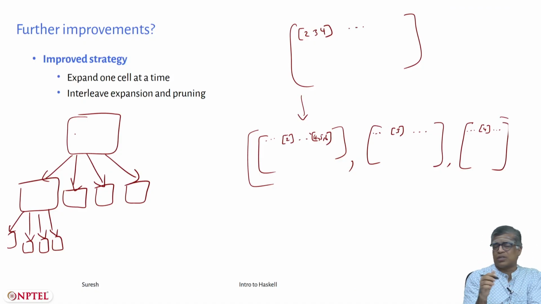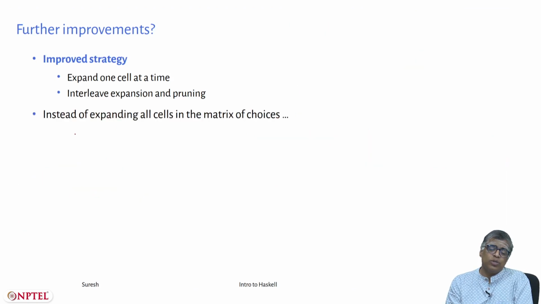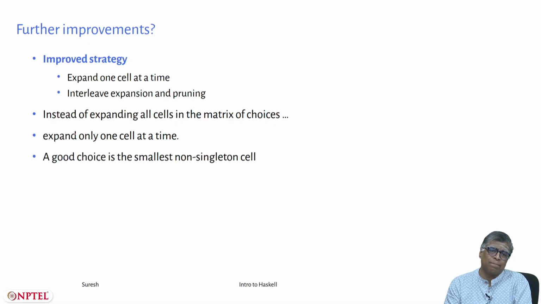And then you backtrack. So this is the same thing. You try to expand. Sometimes you might realize that there is no way to expand at all because there are contradictions, or you try to expand and everything will lead to an invalid grid. So you backtrack. So instead of expanding all cells in the matrix of choices, expand only one cell at a time.